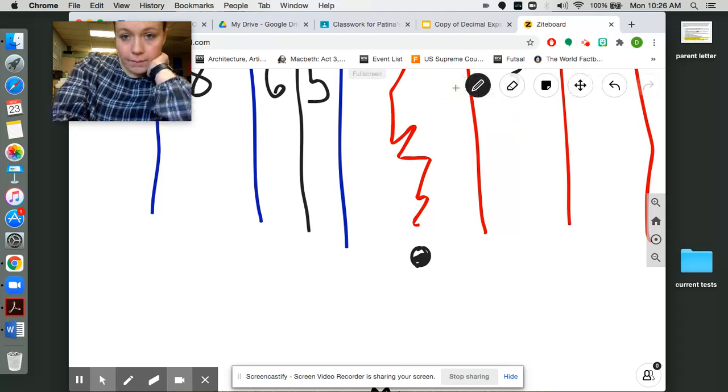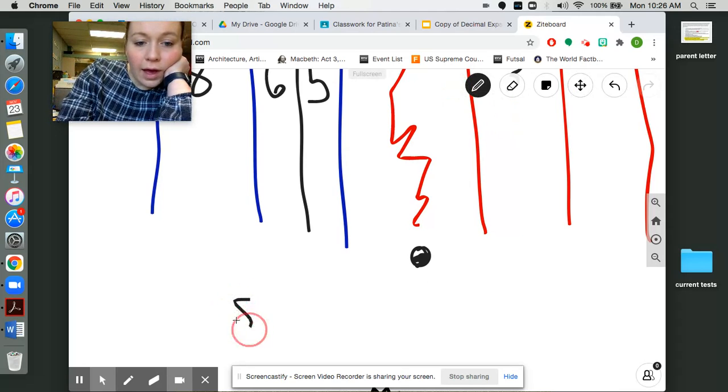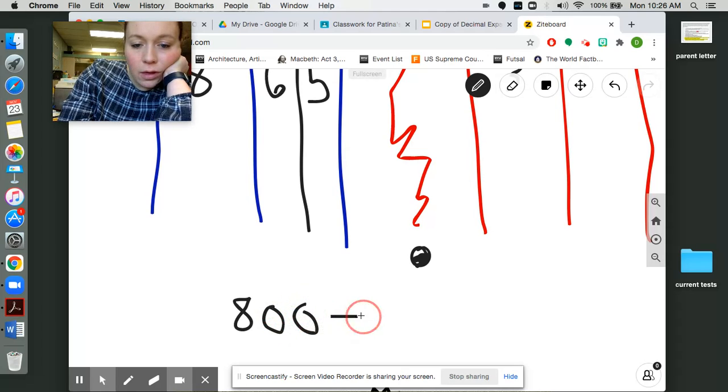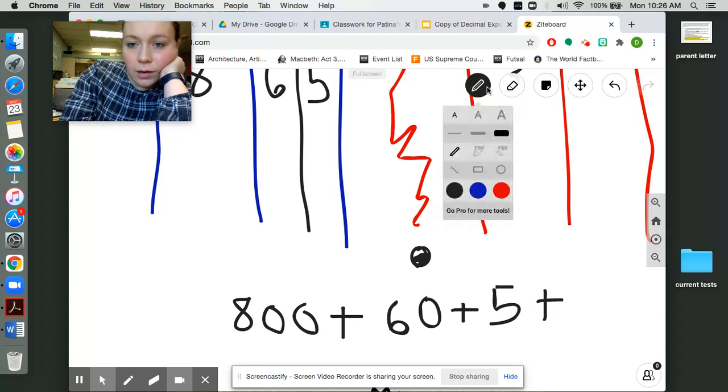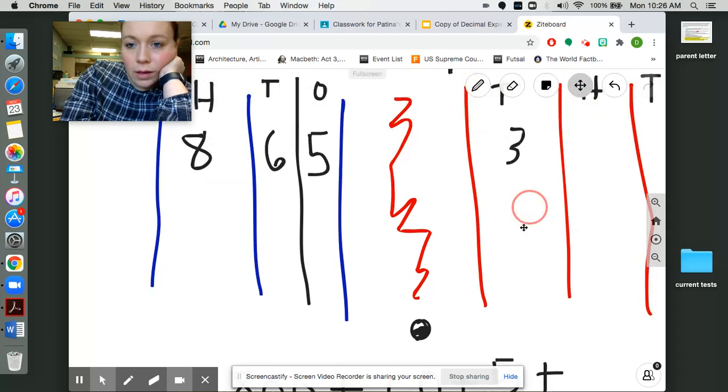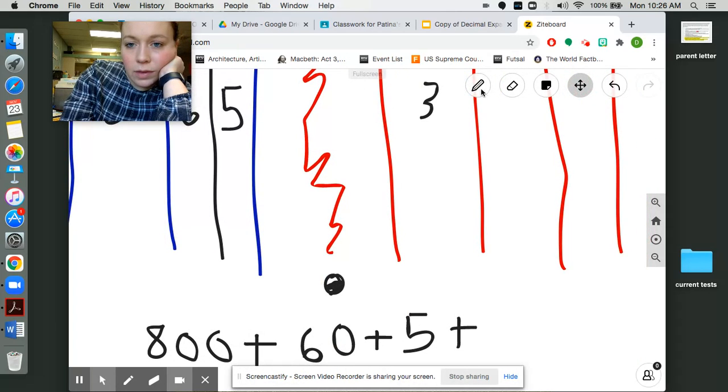So to do that, 8 is in the hundreds, so I now have 8 hundreds, plus 6 tens, which is 60, plus 5 ones, plus 3/10, 0.3.